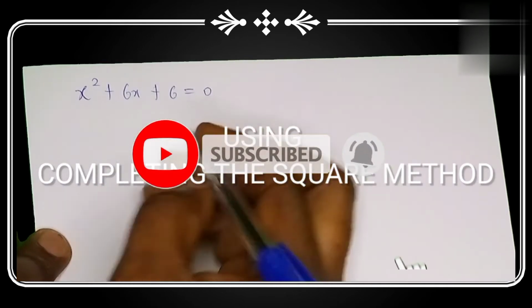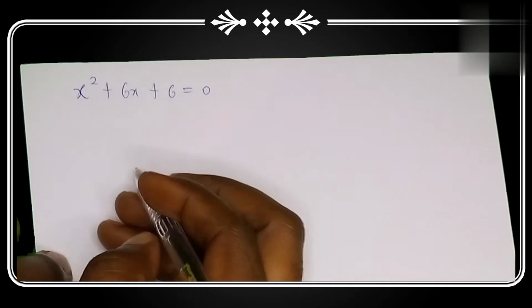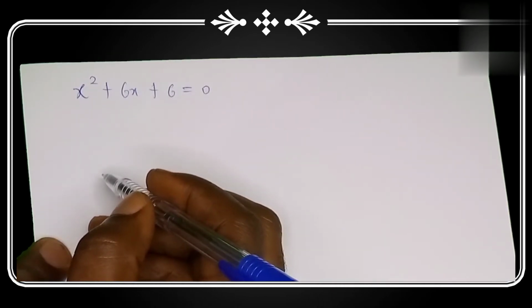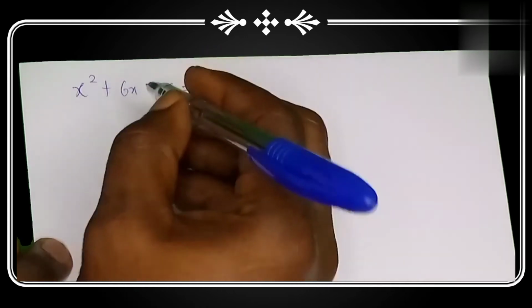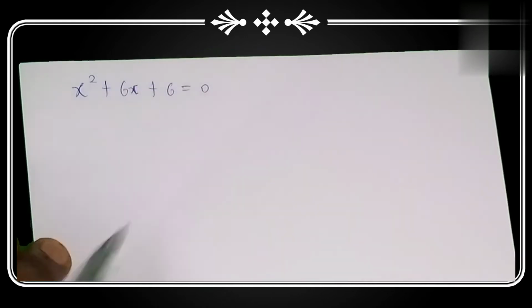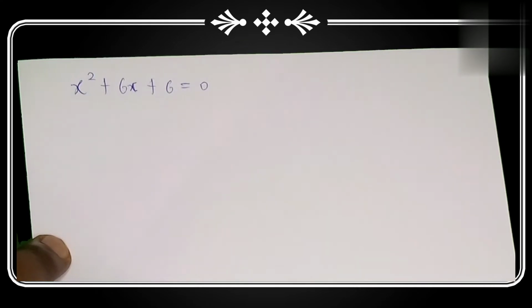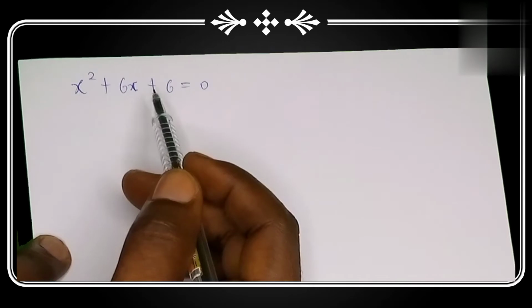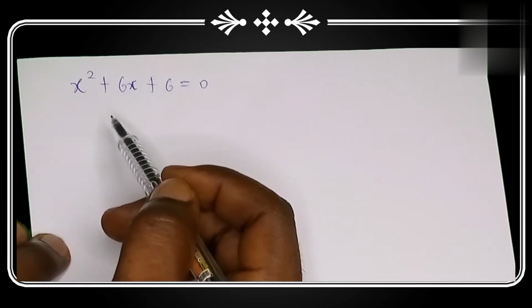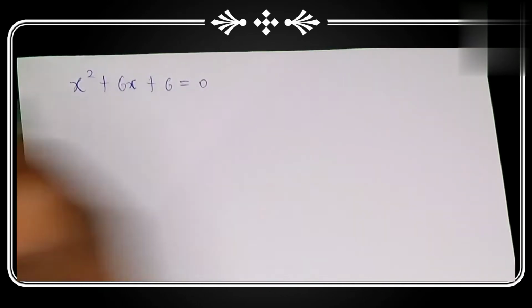Now, since we have dealt with a perfect square using the completing the square method, we want to see how we can use the same method to deal with a quadratic equation that is not a perfect square. Now, this one is not a perfect square question. We'll get to know as we go on.